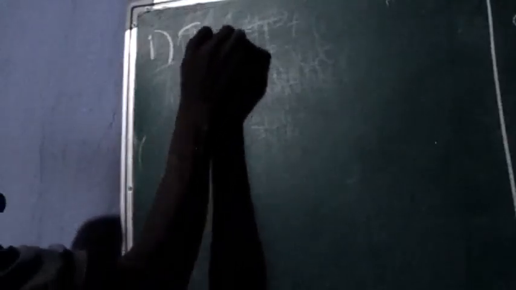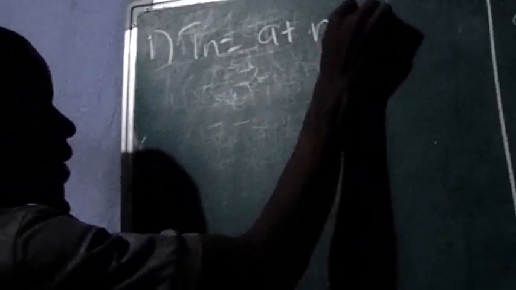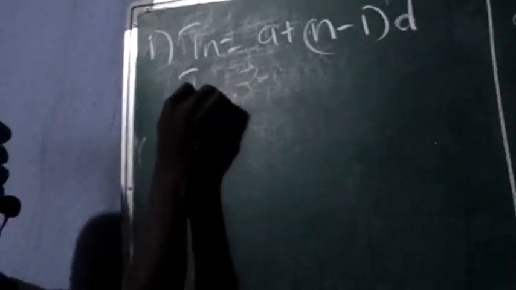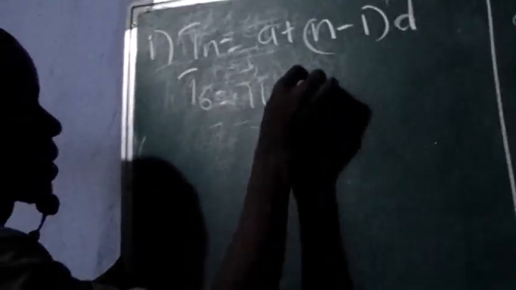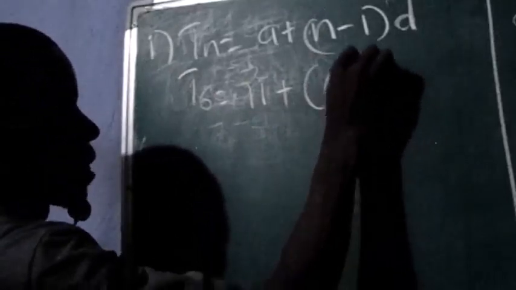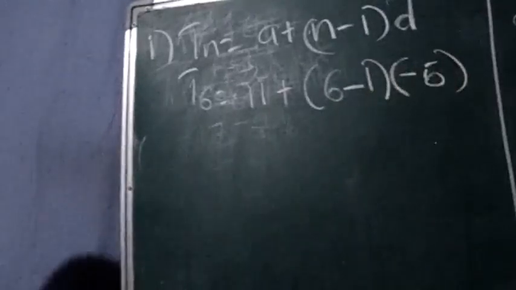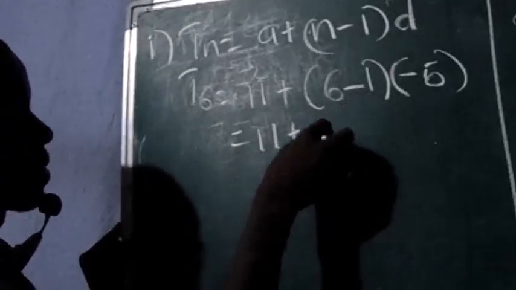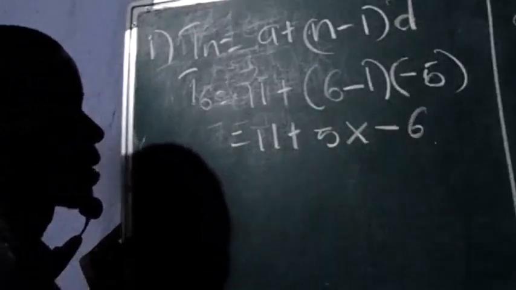So Tn is equal to A plus n minus 1 times D. So T6 will be equal to 11 plus 6 minus 1 times -6. We just need to simplify that. 6 minus 1 is 5, so we are saying 5 times -6.